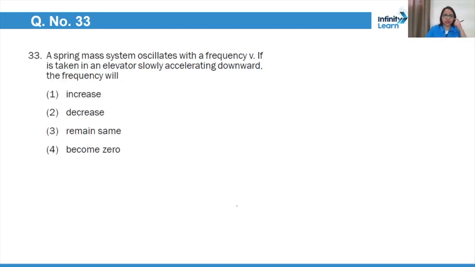Question number 33. A spring mass system oscillates with a frequency v. If it is taken in an elevator slowly accelerating downwards, its frequency will be? Time period of a spring mass block is 2 pi under root m upon k. So frequency of oscillation will be 1 upon 2 pi under root k upon m.